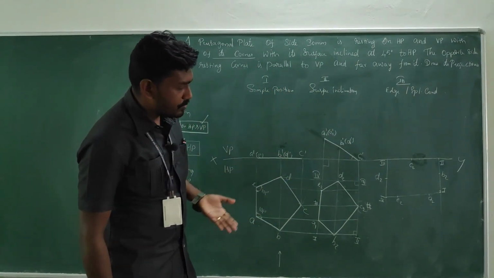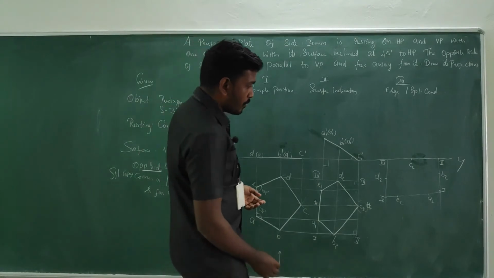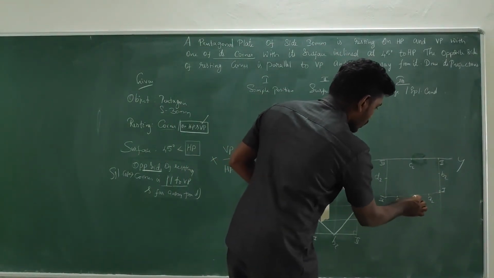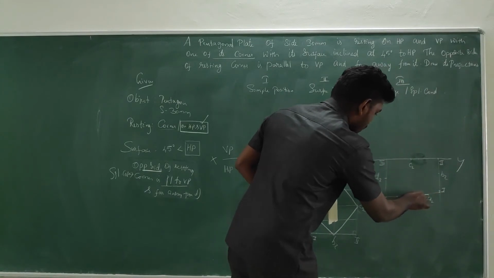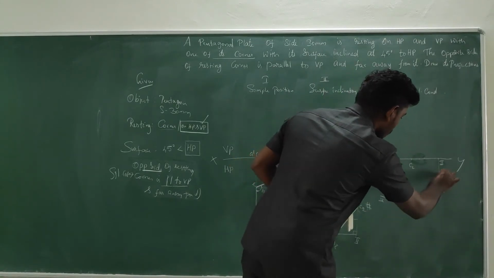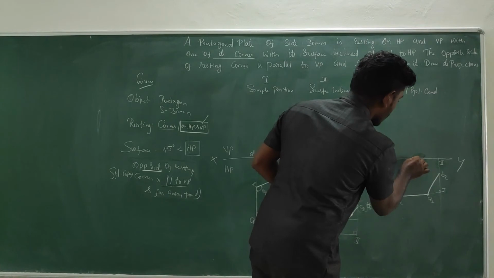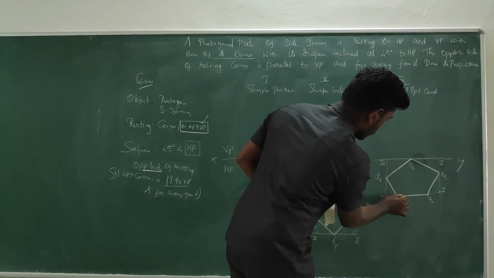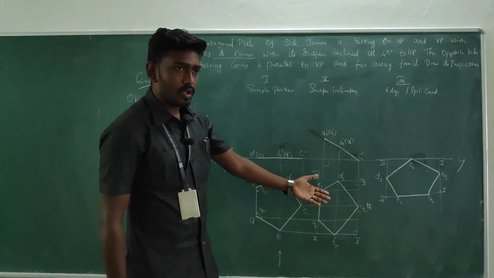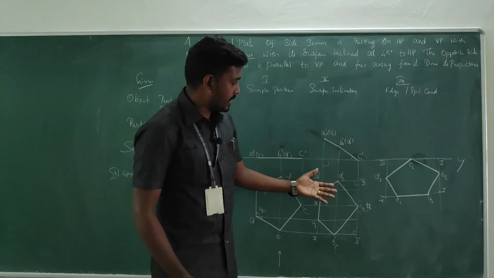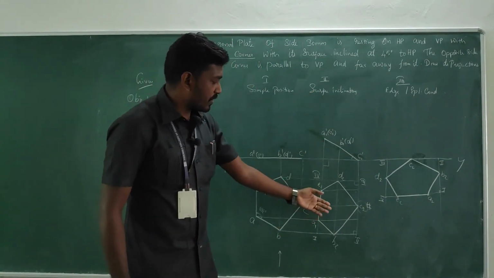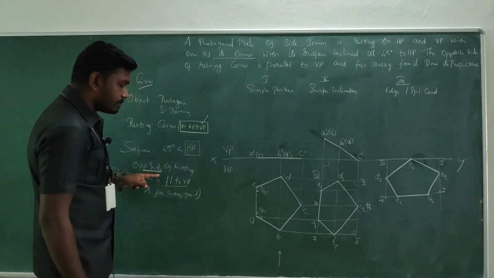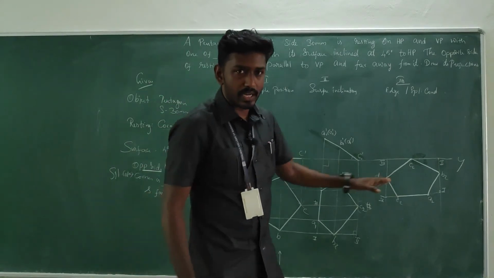So almost all the points we have picked. So go for a dark line by connecting one another just like this. If you connect it, you will get the trace of the same measurement as the previous stage top view, but as per the condition, we have changed the position.